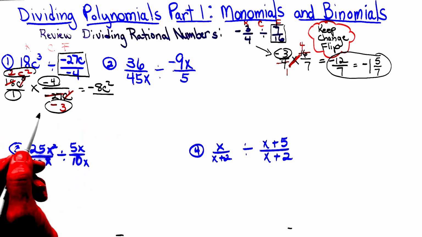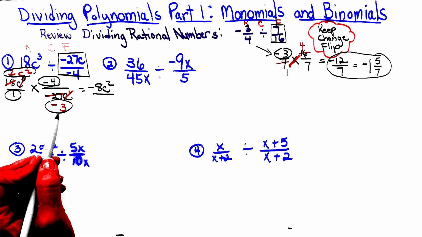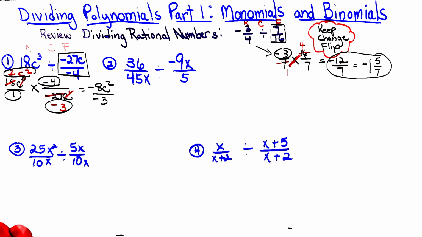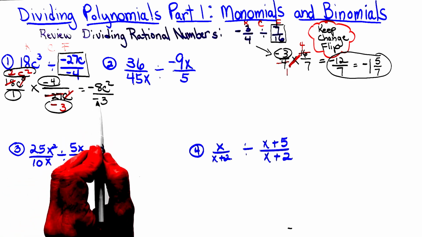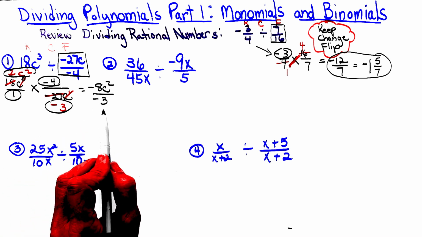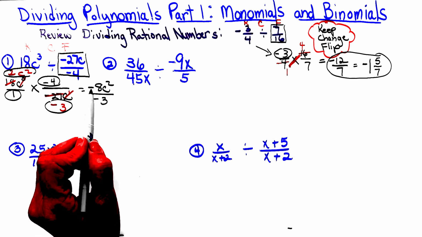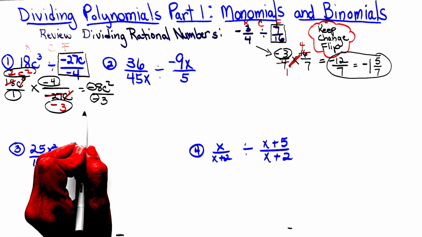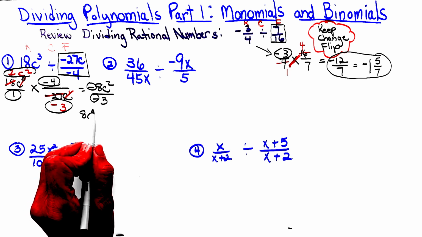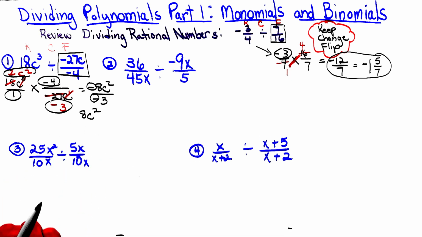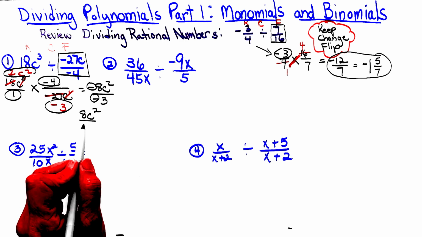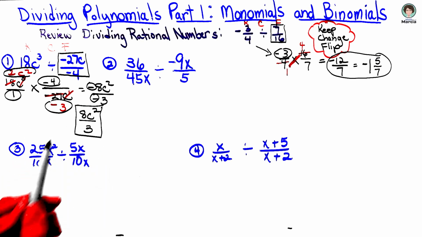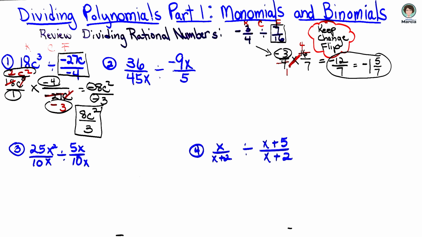And 1 times a negative 3 is a negative 3. When I look at this problem, it definitely is in simplest terms. However, since both of these are negative, we are going to write our final answer as positive. So it's 8c squared over 3. And there is your answer in simplest terms.